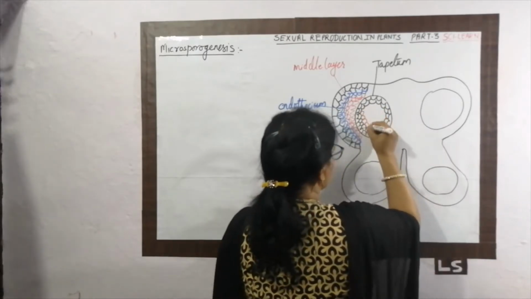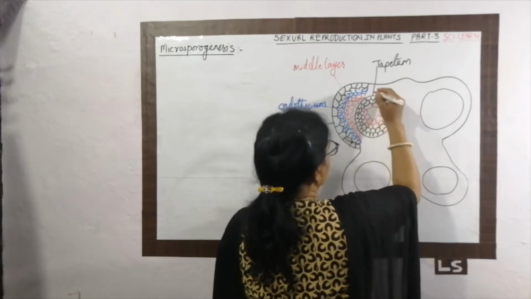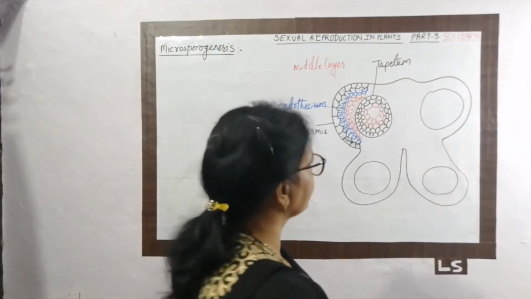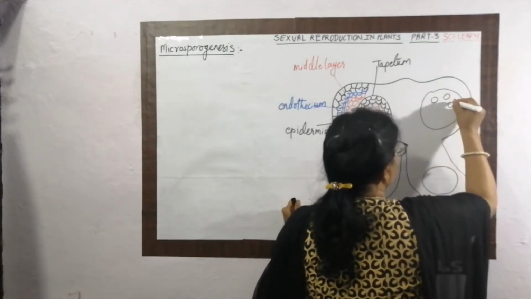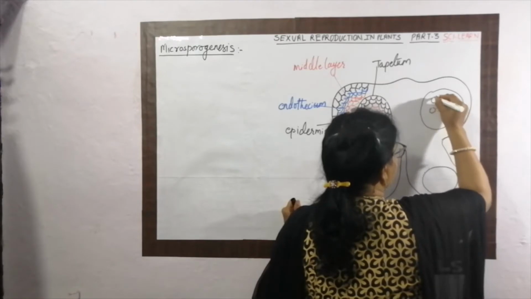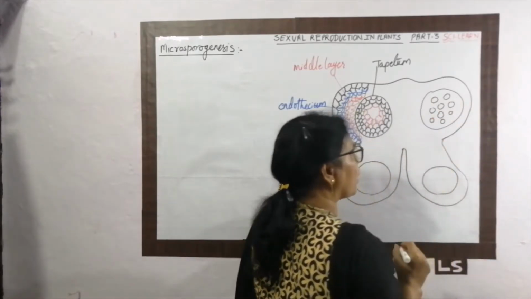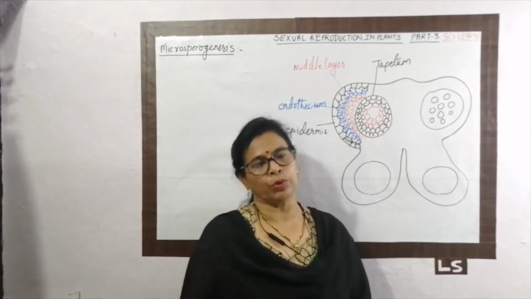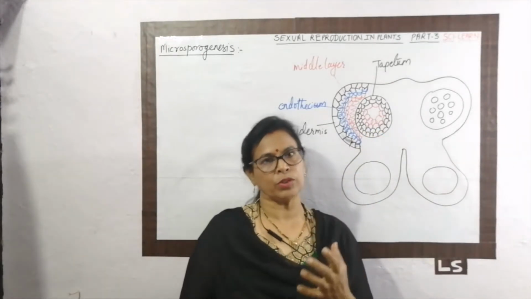So all the tissues present here, we make it separately. This is the formation of the spore mother cell. This is part of the sporogenous tissue. All the tissues which are present here, we call the sporogenous tissue.